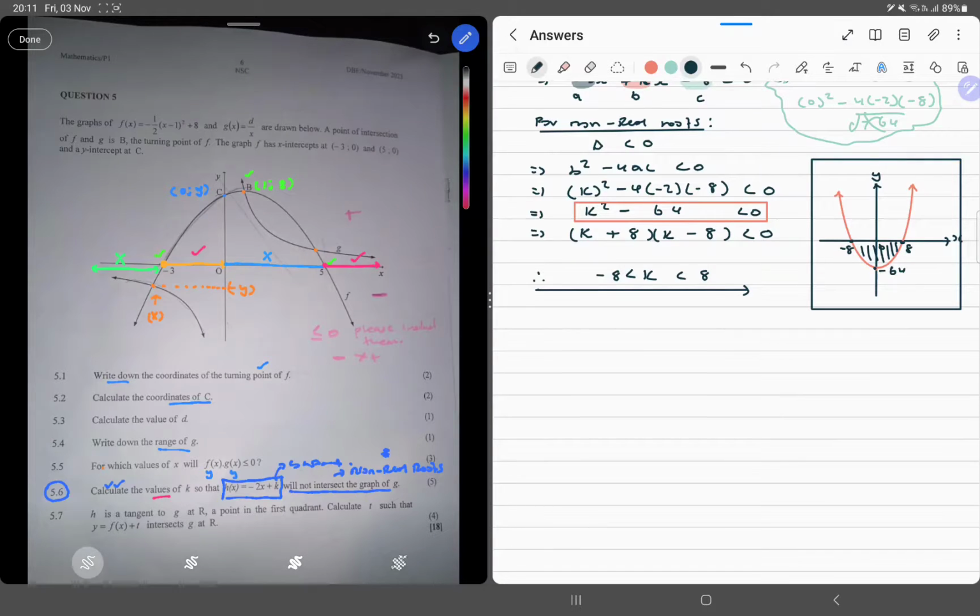It's already injury time. So let's do 5.7, the last question. So now it says if h is a tangent to g, can you see this very h we're talking about? Because there's no other h we spoke about.